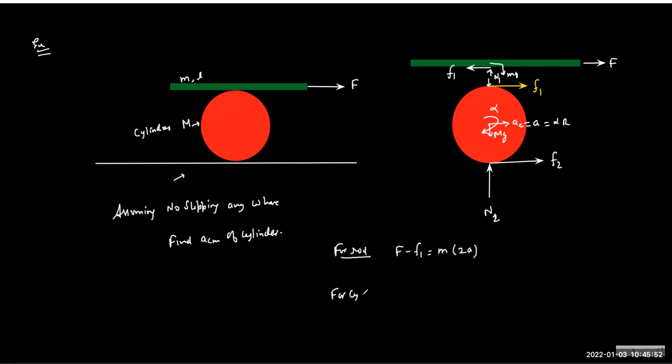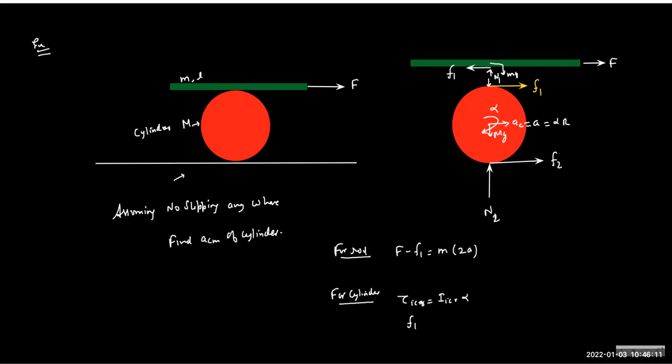So for the cylinder, look carefully, I'm writing tau about ICR equals I about ICR into alpha. This part will just simplify all my calculation. About the bottom, the torque is only due to the F1.